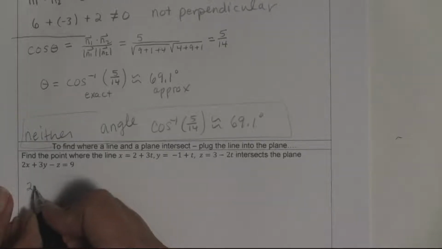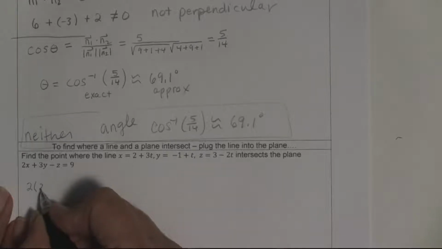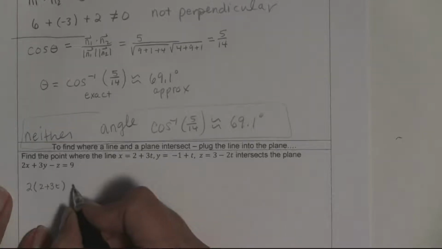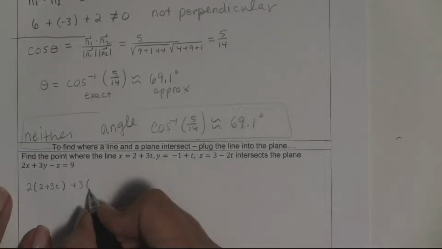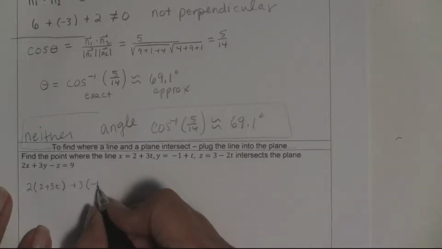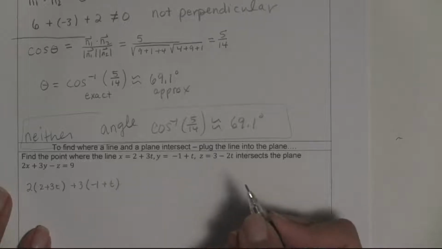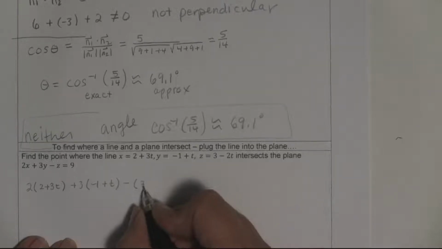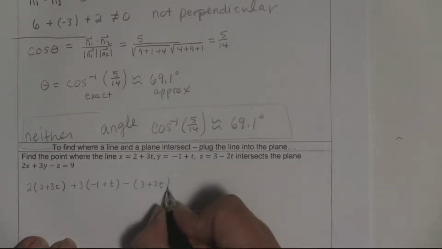So we'll get 2 times x. Well, x is 2 plus 3t, plus 3y, and y is negative 1 plus t, and minus z, and z is 3 plus 2t, and that equals 9.